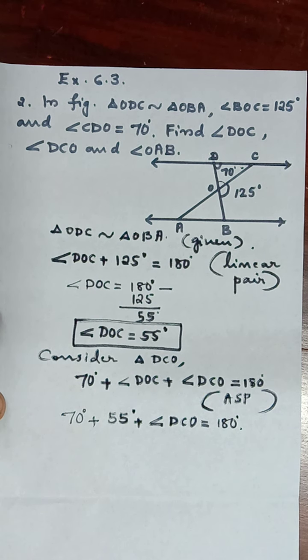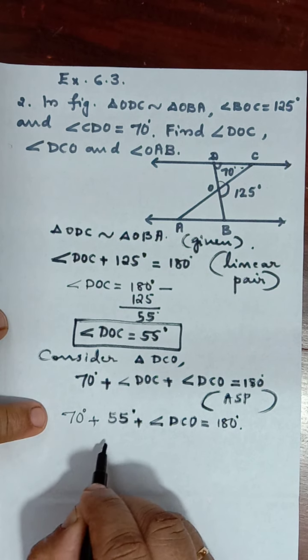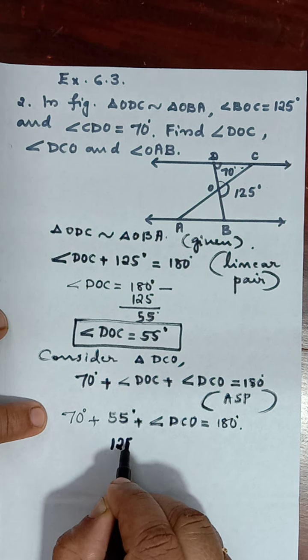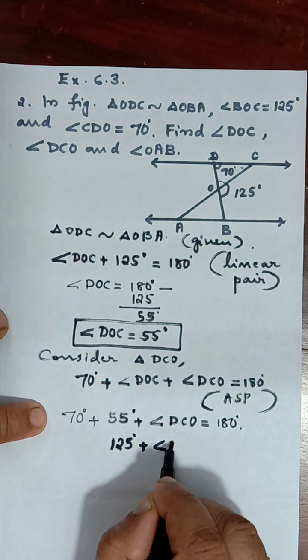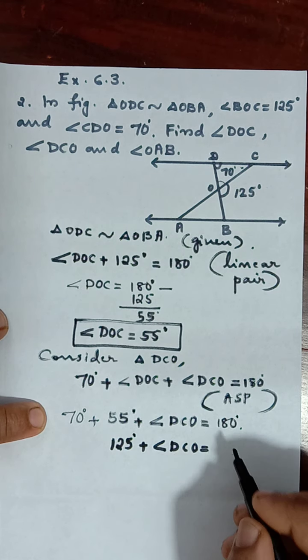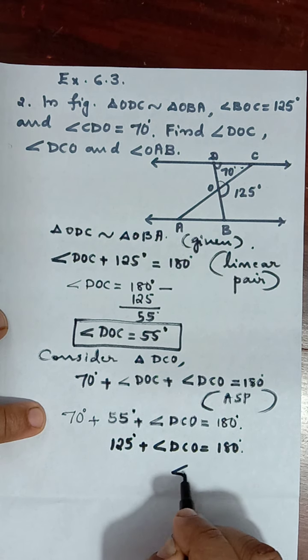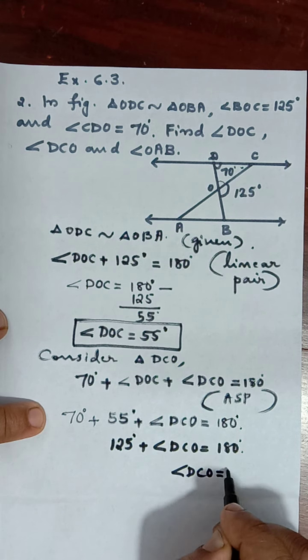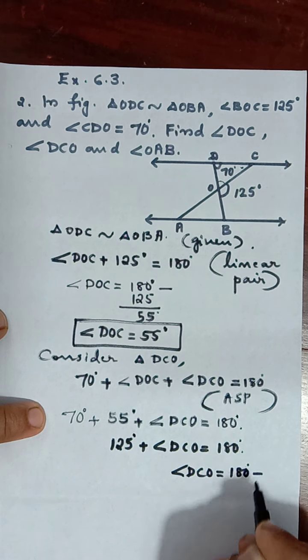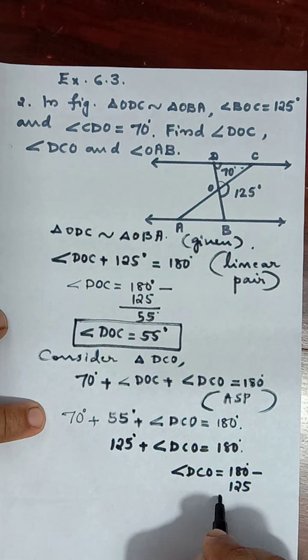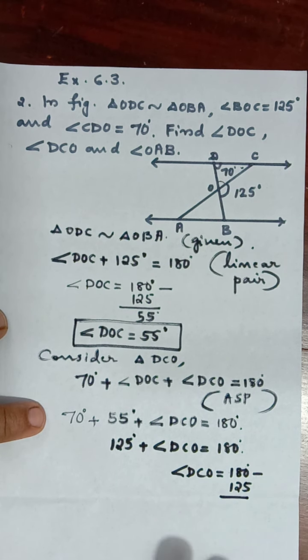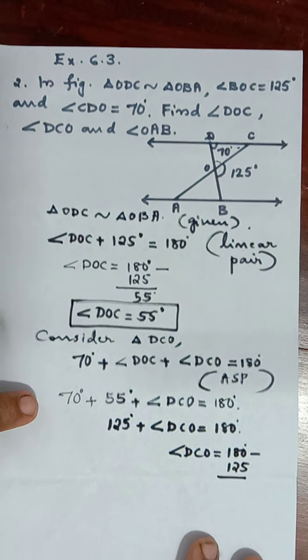So 70 plus 55, take the sum. Isn't it 125? 125 degree plus DCO is equal to 180 degree. Therefore, angle DCO is equal to 180 degree minus 125. 180 minus 125 is 55.